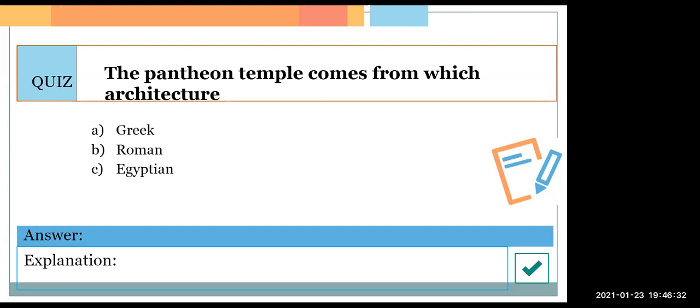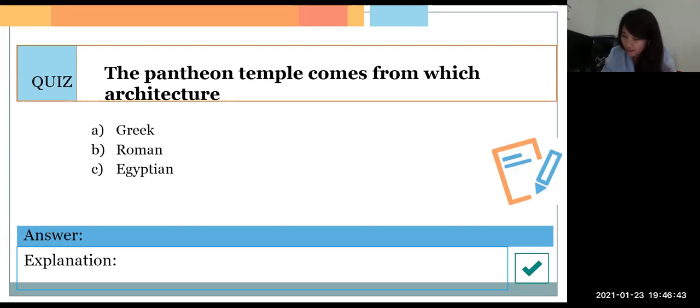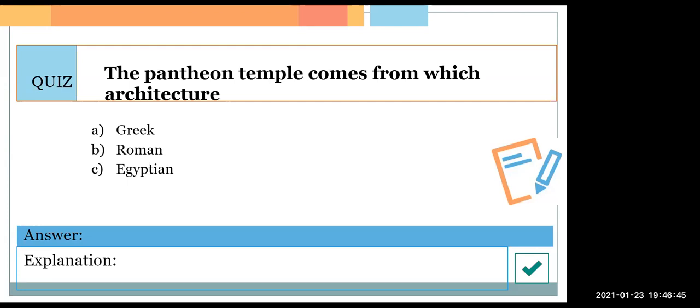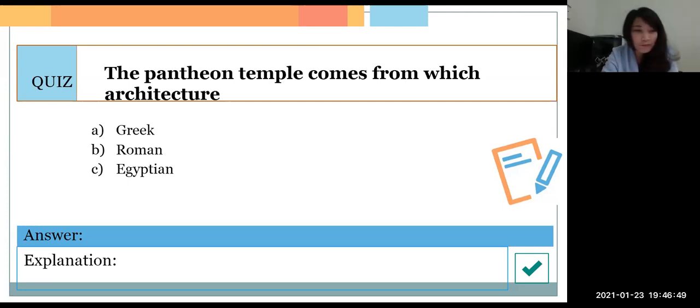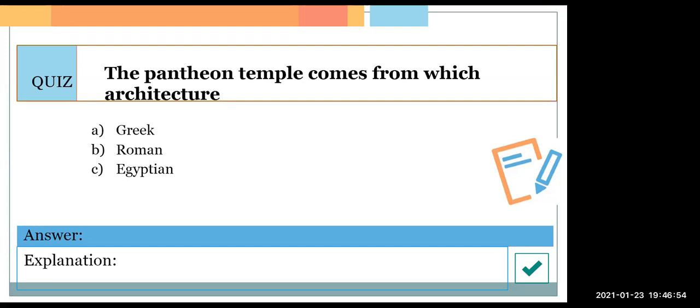Designed by Greek architecture. RJ? I think it's Greek because the columns are Corinthian. But it was just built in Rome, and I think it's Greek then. A lot of people make a mistake on this and choose Roman, but the answer is Greek.